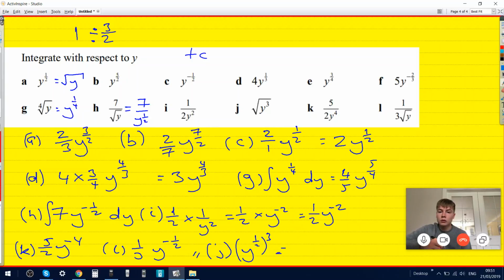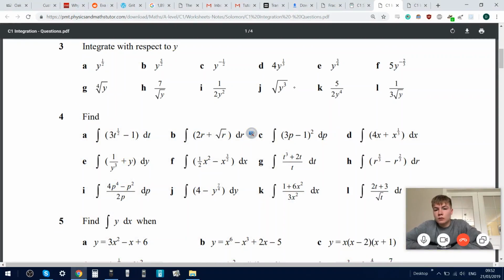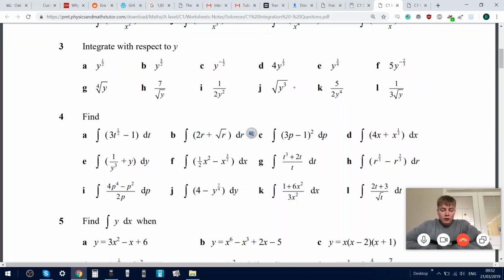Power to a power? Is it just plus? No. Times. Yeah. 3 over 2? Yeah, that's it. Okay, any questions about anything there? No. And integrating y to the 3 over 2 isn't difficult. It's just getting it into that form that is the tricky part.